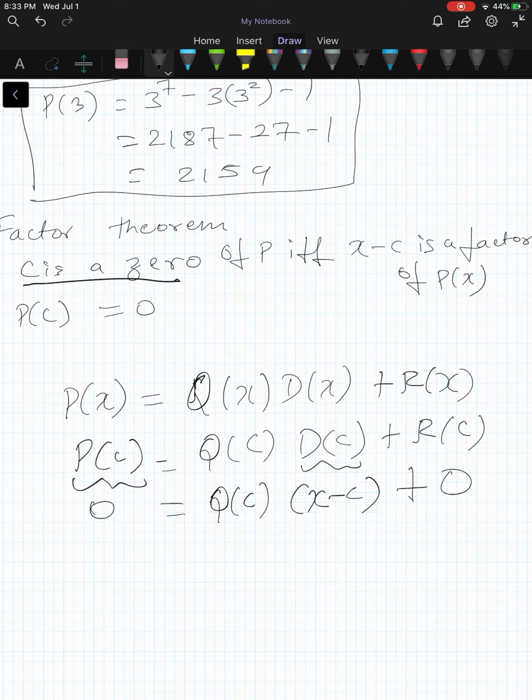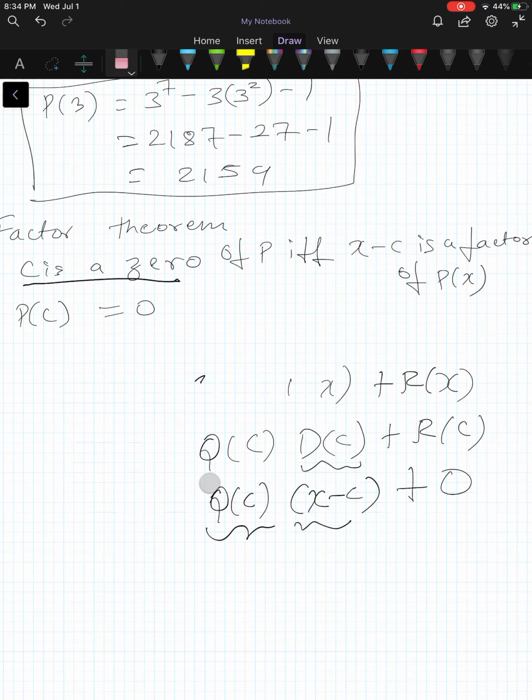So you just have q of c times x minus c. That means these two are factors of p of x. So it is very clear by this. That is how they have proved the theorem in the book.